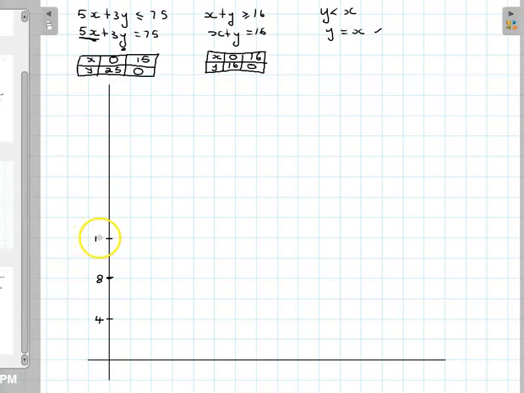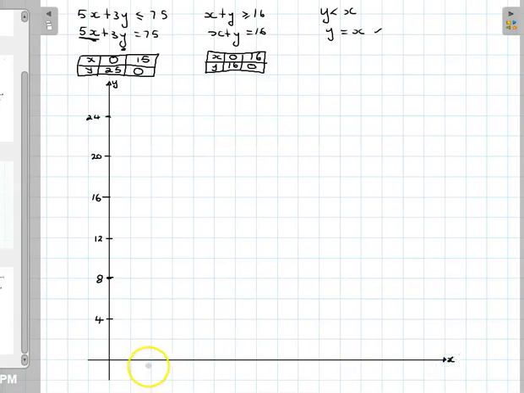This is 12. This is 16. This is 20. This is 24. Right, so that will make this one 26. This is y, and this is x.